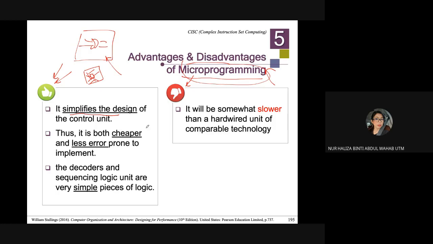It is also cheaper, and less error prone to implement. Cheaper means that you just type your programming, add another block of programming or another module and so on. But if you are using hardware, of course, you need to buy your gates, flip-flops and other digital elements.